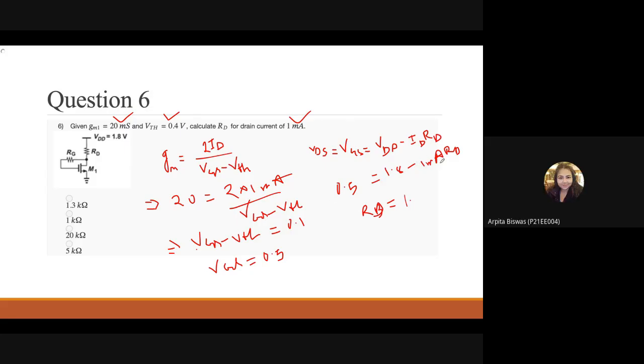Just calculate from here: 1 milliamp into RD, 0.5, and this is 1.8. Now tell me the RD value. RD is 1.3 only, ma'am. Yes, 1.3, right? The final answer is 1.3, in kilo ohm.